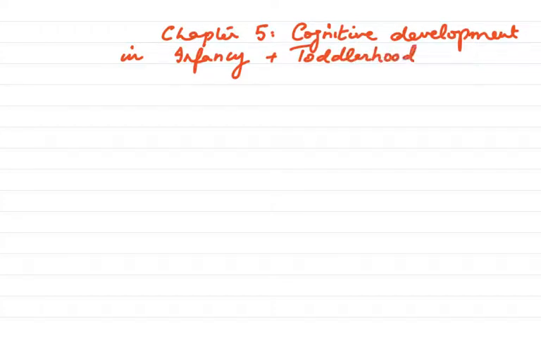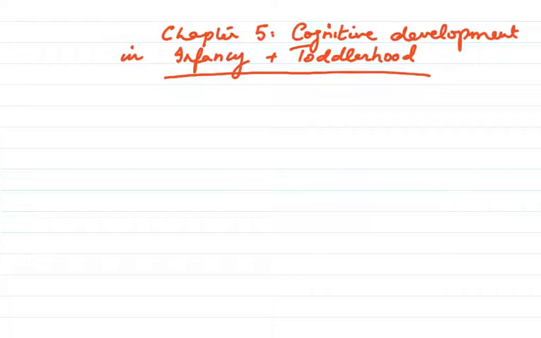As you can probably see and hear, we have lots and lots of infants and toddlers in our surroundings, and I am hopeful that they're going to help us in our journey of trying to understand chapter 5, right?